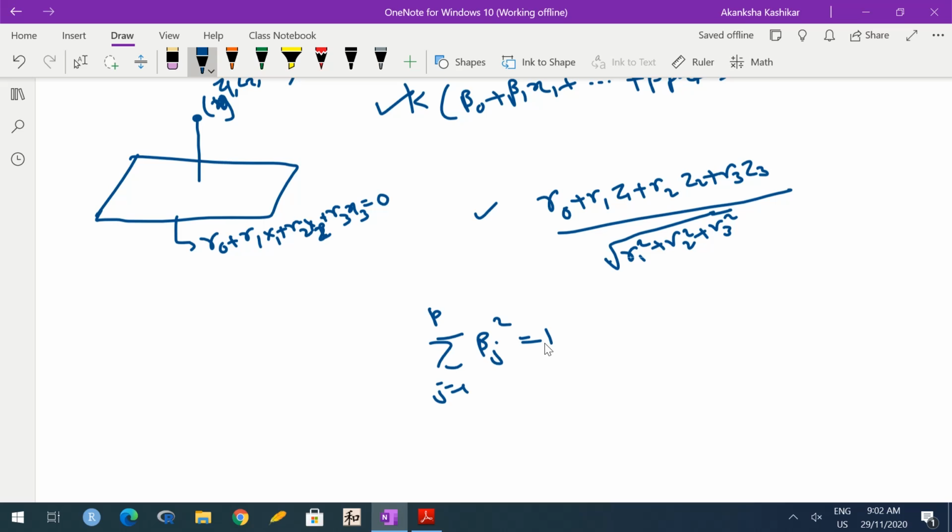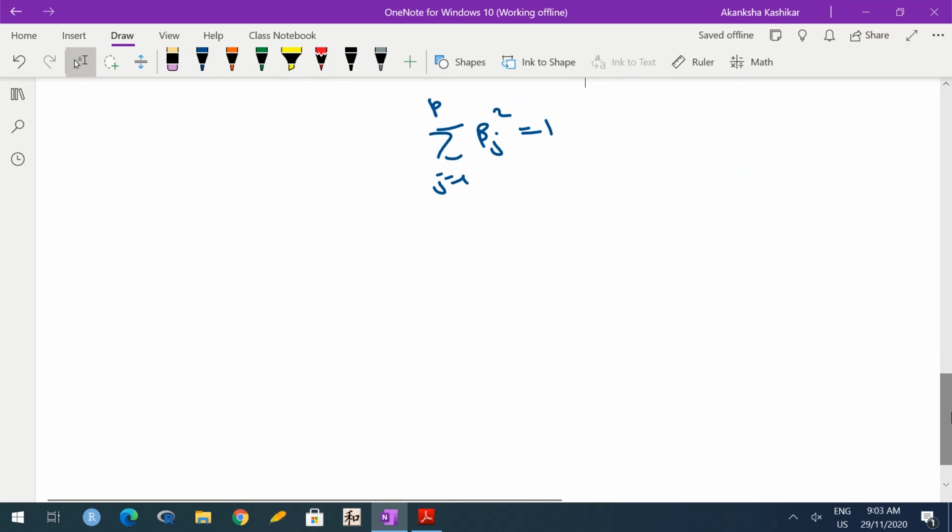What is the benefit of it? The benefit is that when we compute the distance of any other point, we won't need this factor because this factor is already 1.